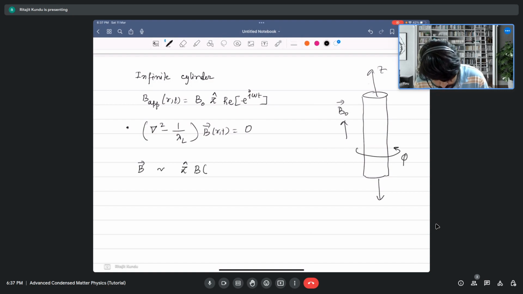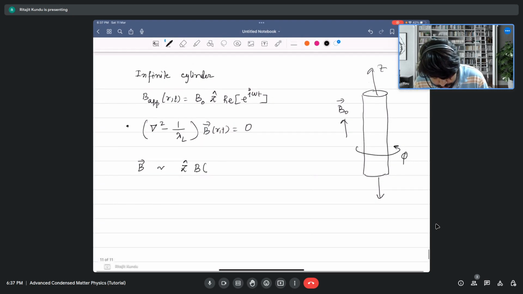So the solution by this physical argument that we are looking for is B of rho.